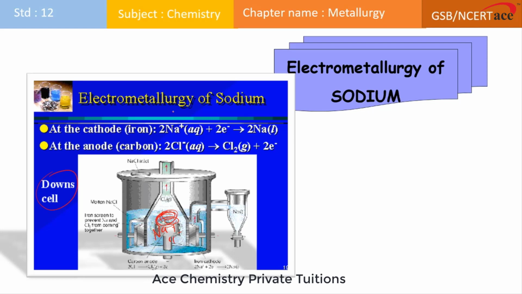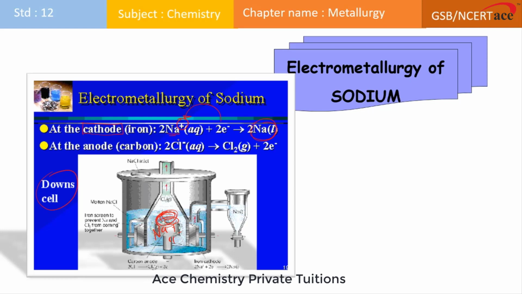So Na+, being positively charged, gets attracted to the negative electrode, which is referred to as the cathode. It gains an electron, undergoes reduction, and forms sodium metal. This sodium metal gets deposited onto the cathode.